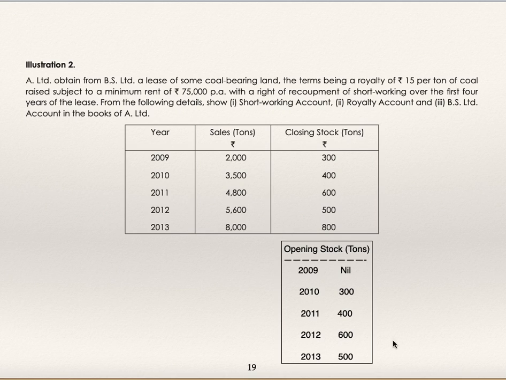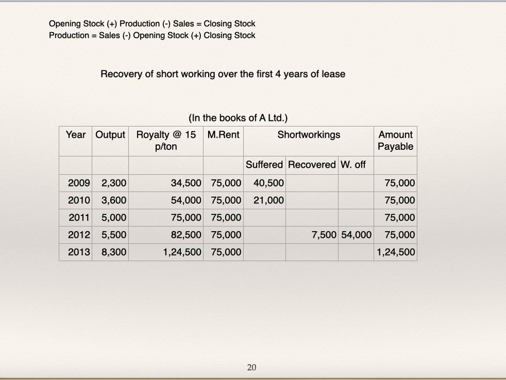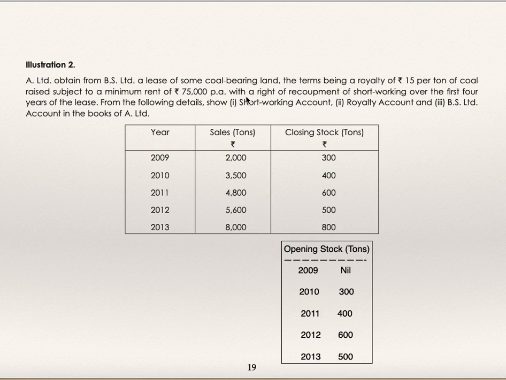Closing stock of 11 will be the opening stock of 12, and closing stock of 12, 500, would be the opening stock of 13. Why? Because using one equation we will find out output. Opening stock plus production minus sales is equal to closing stock. Now we are interested in finding out production. So production is equal to sales minus opening stock plus closing stock. So sales plus closing stock minus opening stock is production.